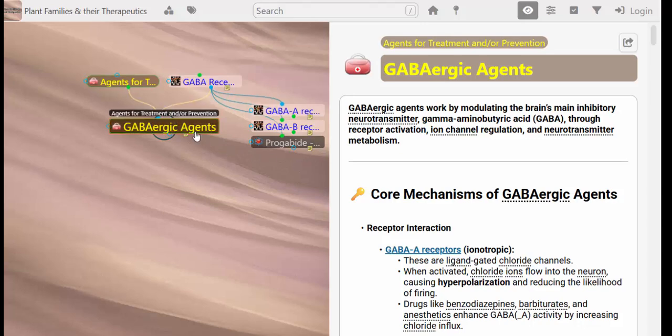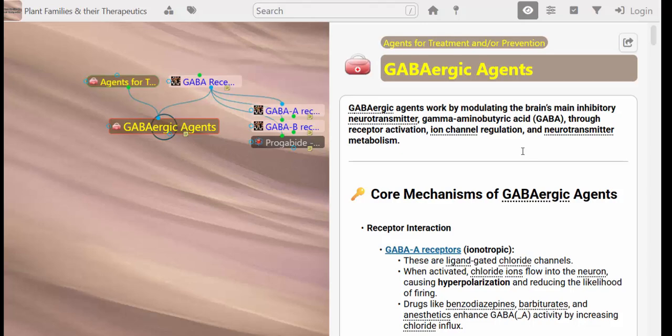Again, this is the color for healing agents, generally herbal. They work by modifying the brain's main inhibitory neurotransmitter, GABA, through receptor activation, ion channel regulation.